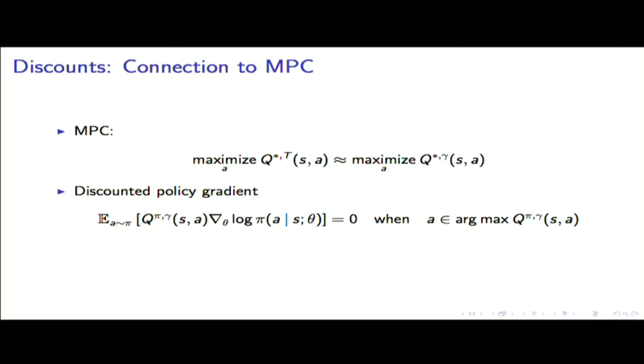And this expectation is only going to be 0 if all of the probability mass is at the best action, the action with the highest Q value. So that means we're taking the policy that looks like pi of a given s equals 1 if action equals arg max of q pi gamma, and 0 otherwise.